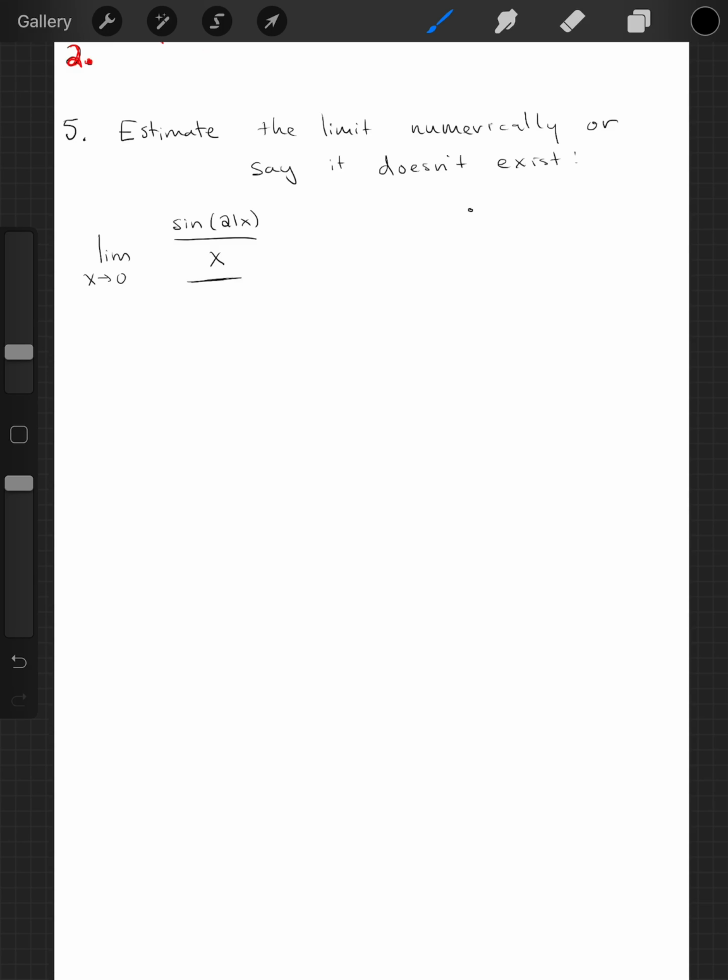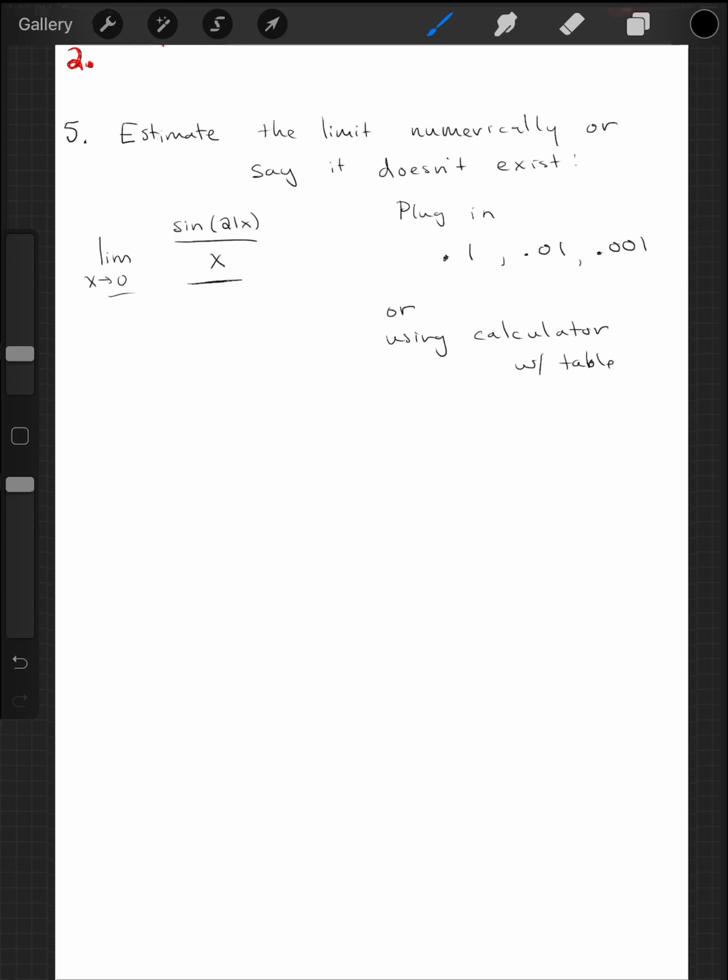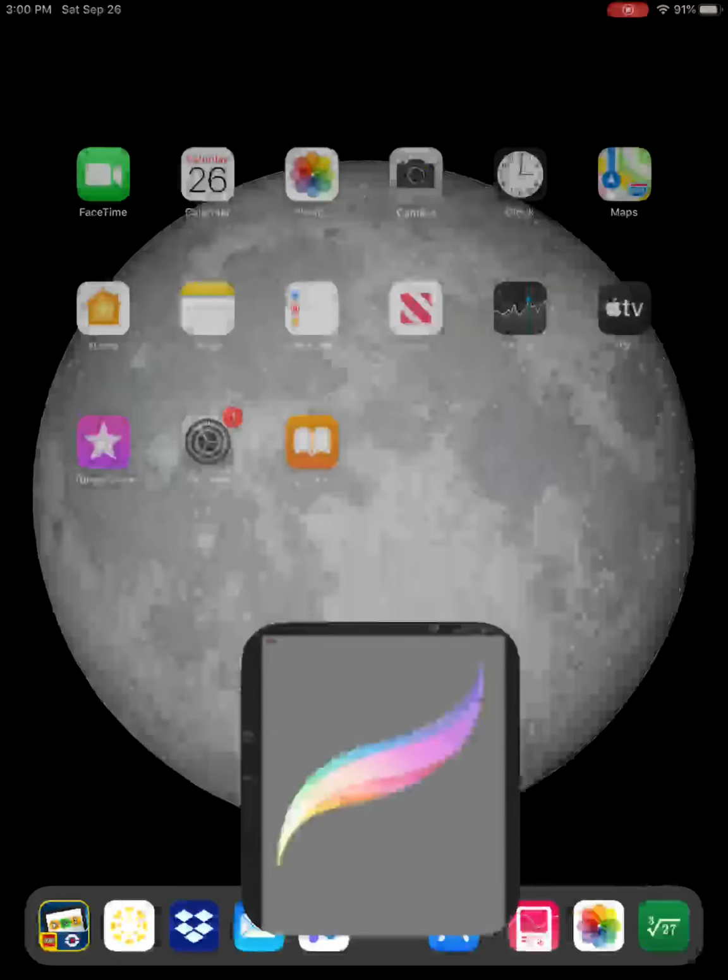This is the formula you're plugging into, and you just have to plug in increasingly close numbers to 0. So plug in 0.1, 0.01, 0.001. But I strongly recommend using a calculator that can give you a table. So let's go to the calculator.